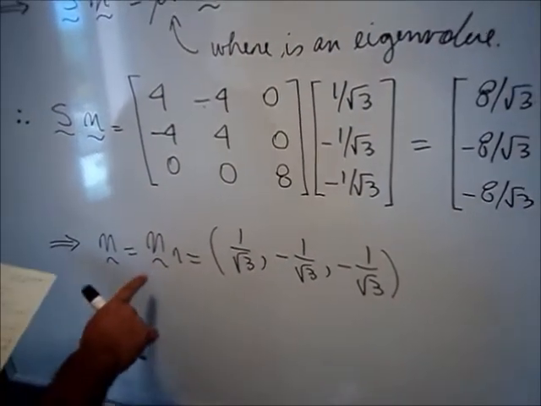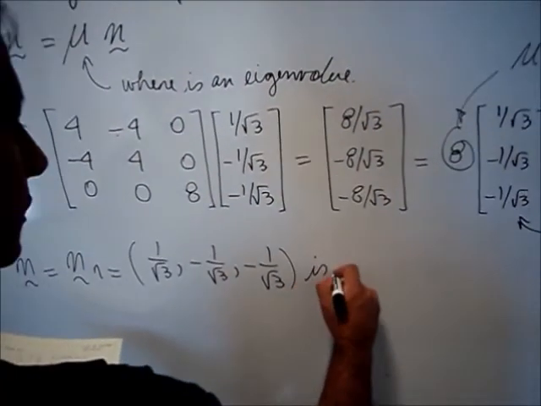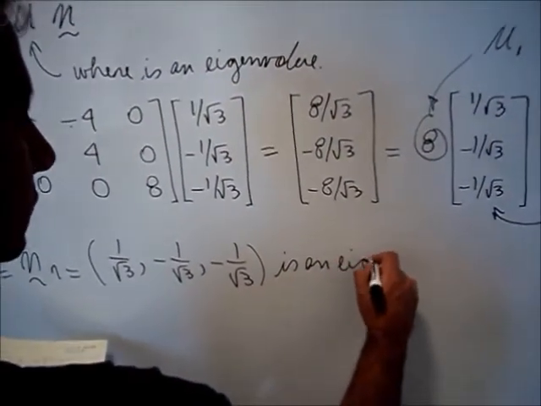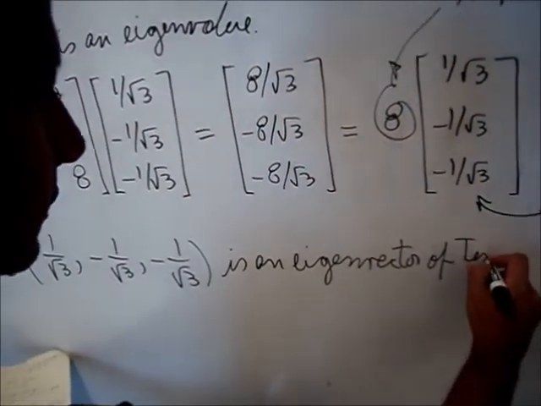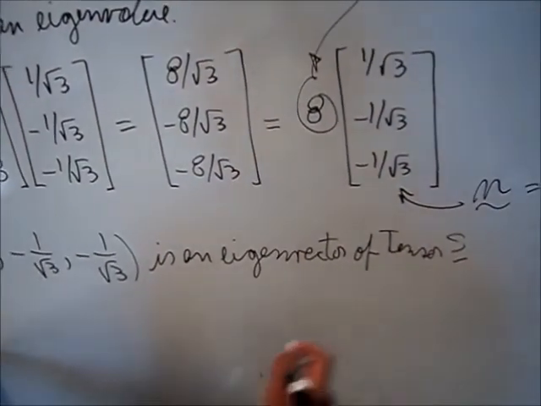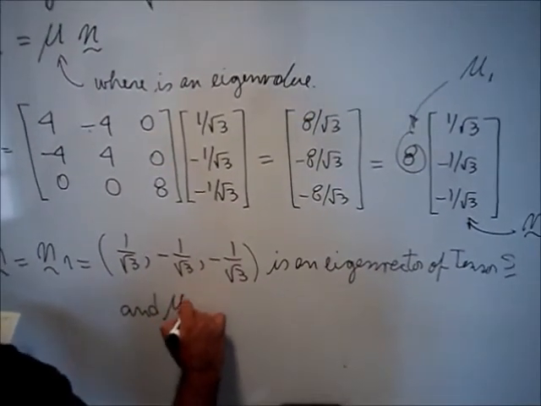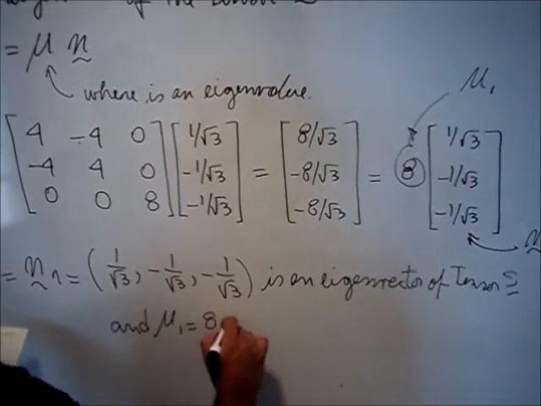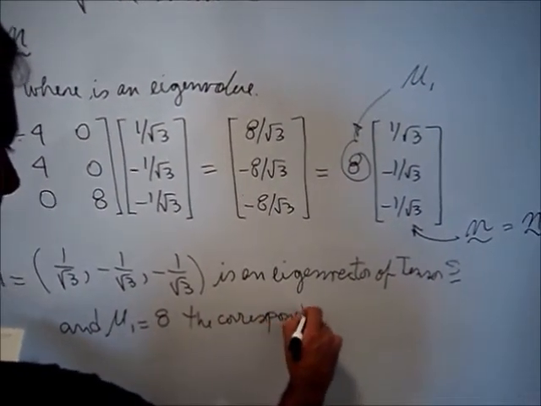Then n, equal to this vector, is an eigenvector of tensor S, and u1 equals a, the corresponding eigenvalue.